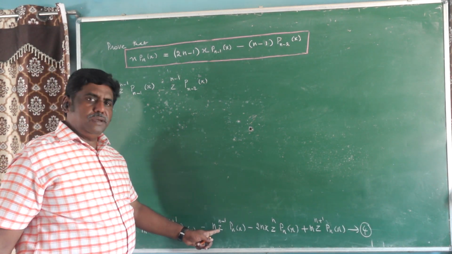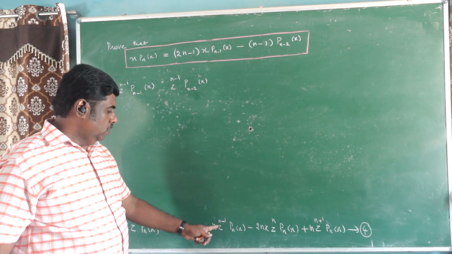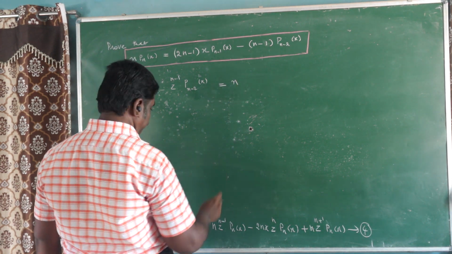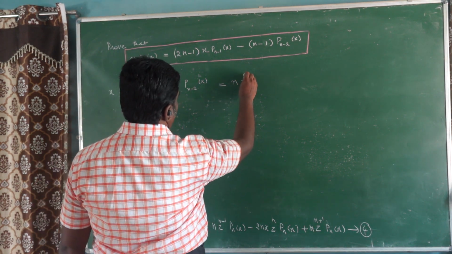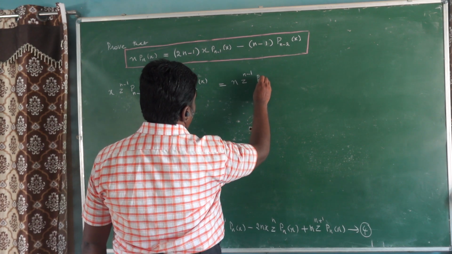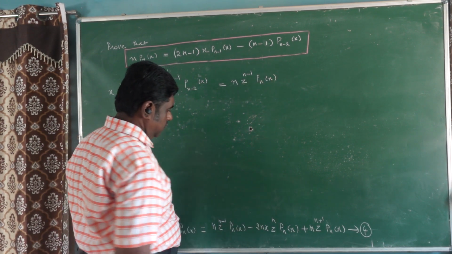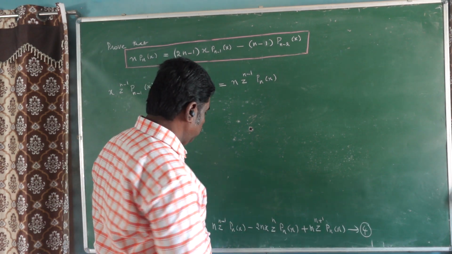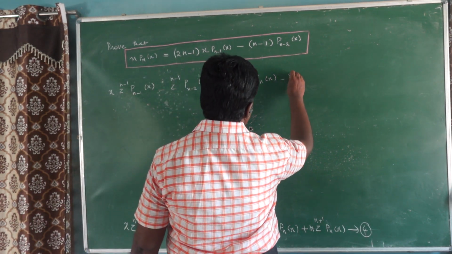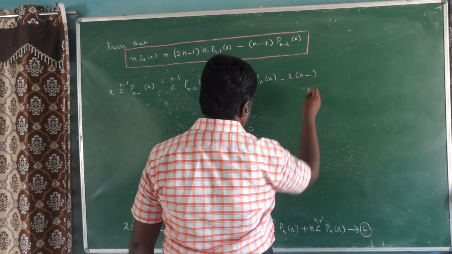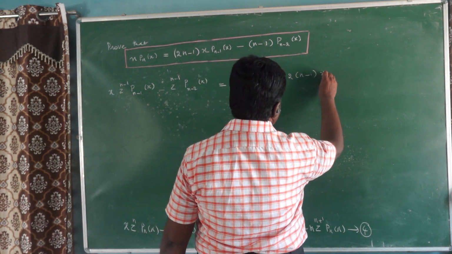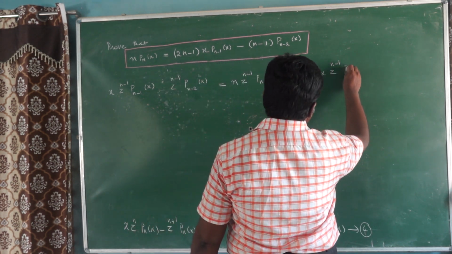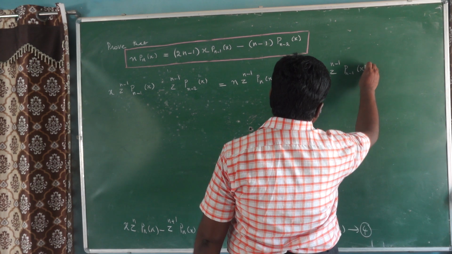Here the first term is expressed in terms of z power n minus 1, so n is present as such: n into z power n minus 1 Pn of x. Here z power n is present. We need it in terms of z power n minus 1, so replace n by n minus 1: minus 2 into (n minus 1) x z power n minus 1 P n minus 1 of x.